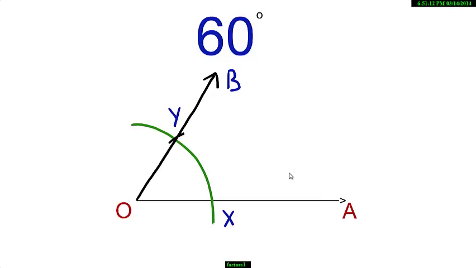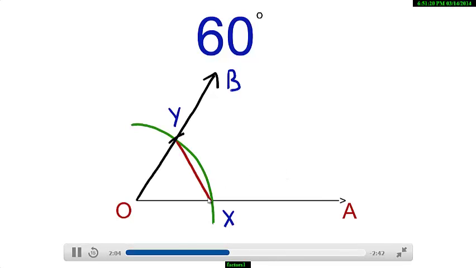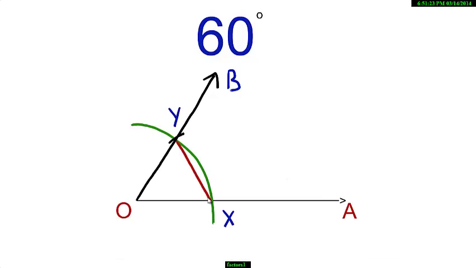Let us observe the construction again. If you join XY, remember OX is equal to OY as it is the radius of the same arc.